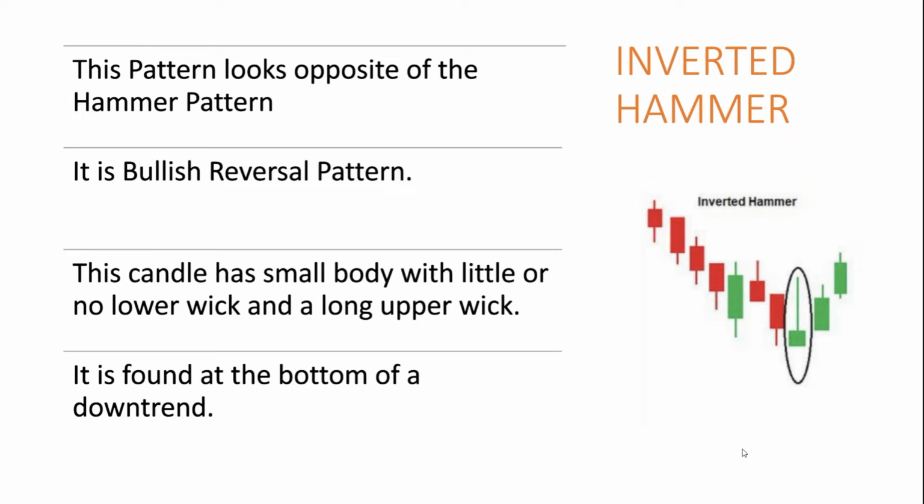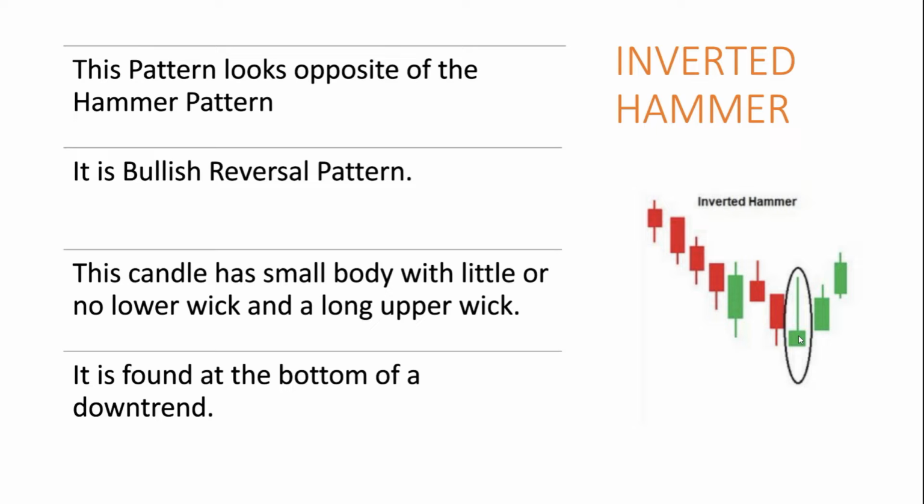We are talking about the first candle, the inverted hammer. As the name suggests, it's just the opposite of the hammer candle which we saw in the last video. Here again the body of the candle will be very small, and there could be a small or no wick on the lower side, and the upper wick would be long, usually double the size of the real body.